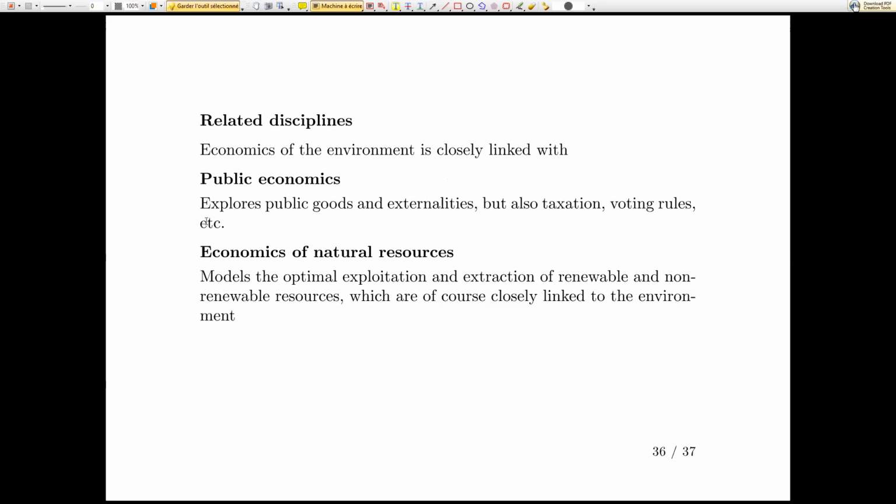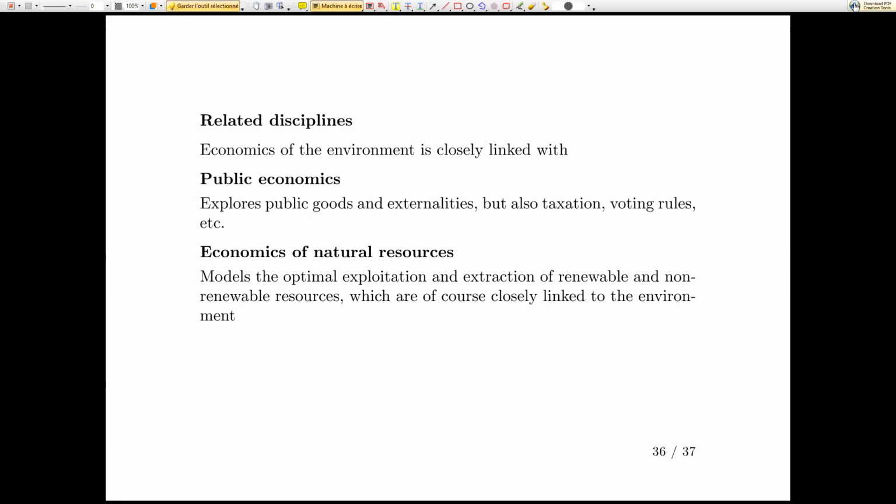I alluded to this before. So the related disciplines to environmental economics. So it's linked to public economics. So everything that has to do with government intervention, because of externalities, because of public goods. So this is relevant for environmental economics, but it's also relevant for health. It's relevant for whatever.